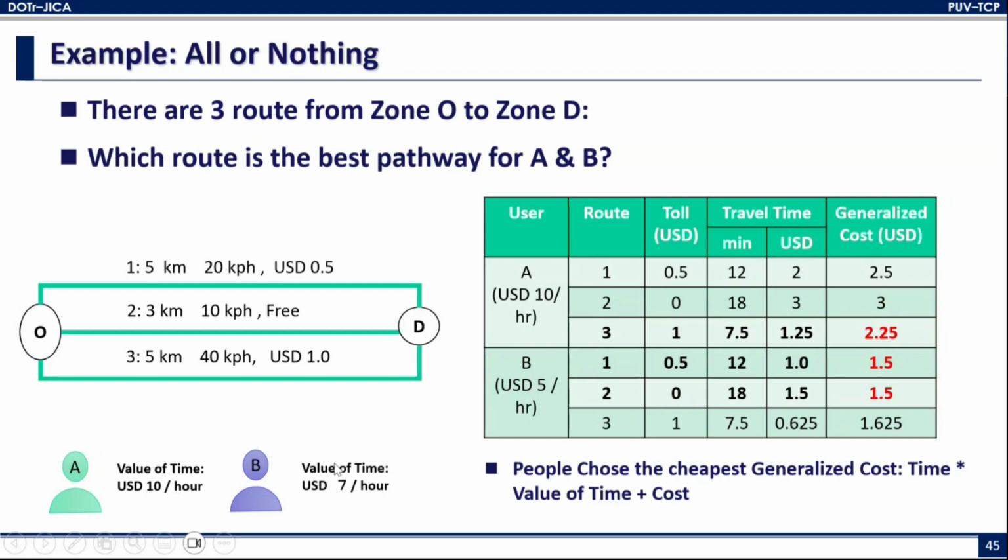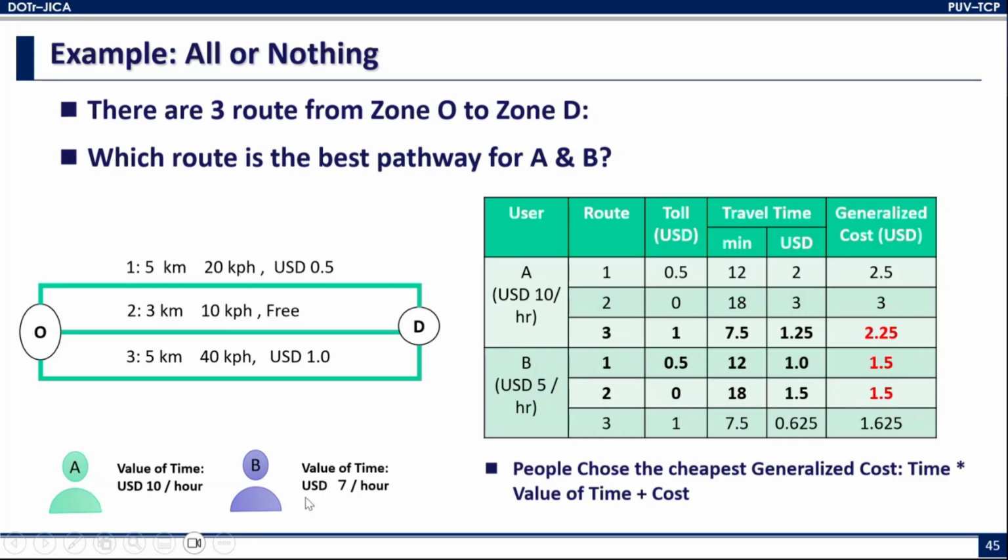On the other hand, person B's value of time is $7 per hour. In that case, route 3 is not so reasonable for him because his value of time is not so high.